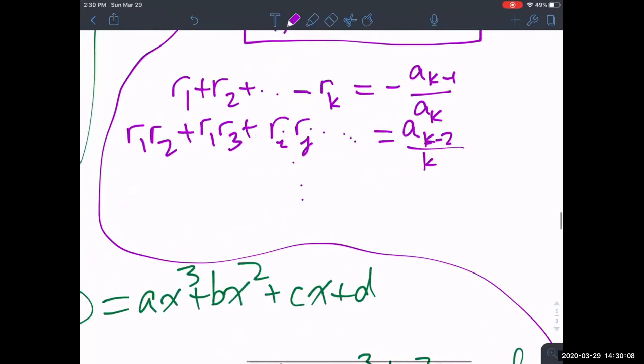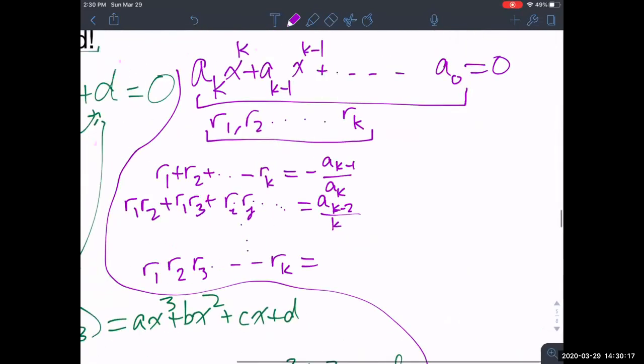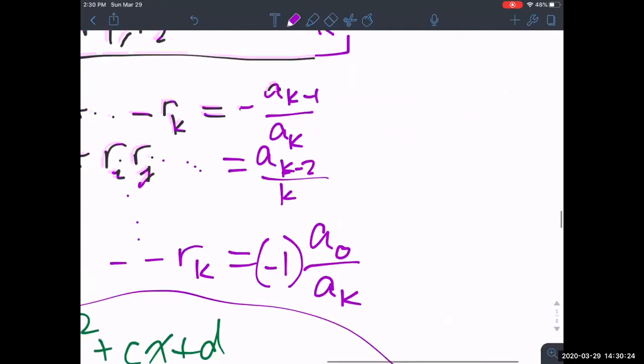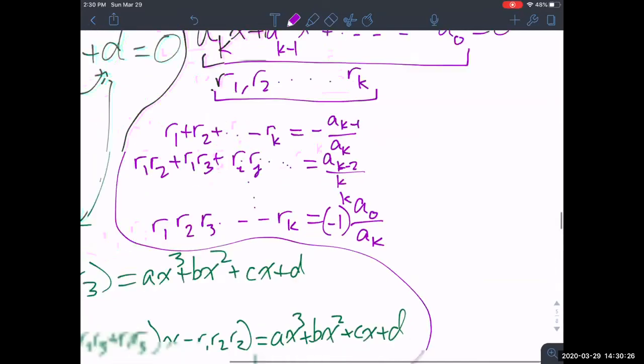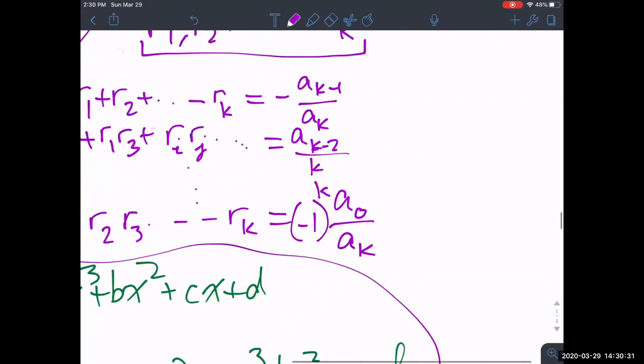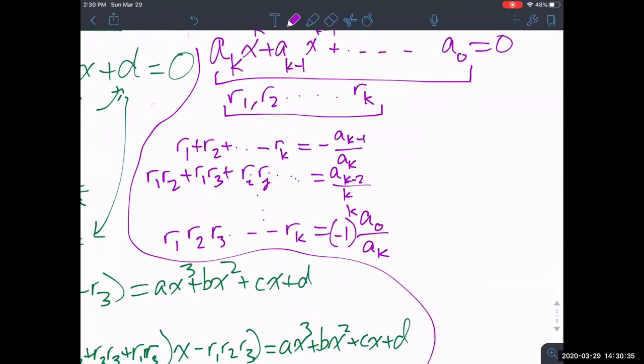So the final one, R1, R2, R3, and so on through RK, is going to be A0 over A_K, multiplied by negative 1 to the power of K. So if K is an even number, then the product will be positive A0 over A_K, and if K is odd, then this will be negative.